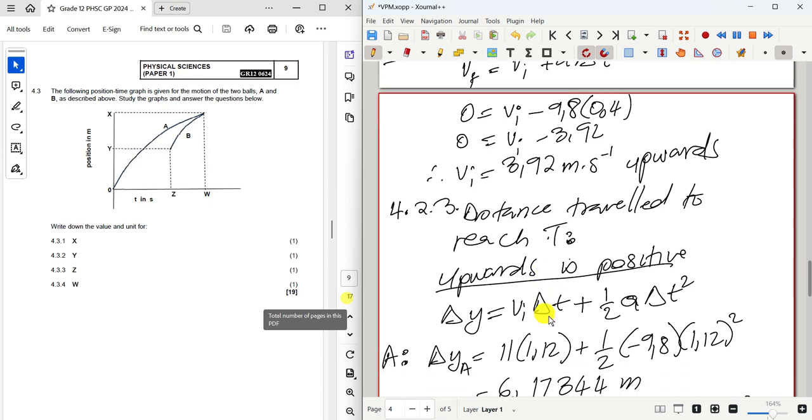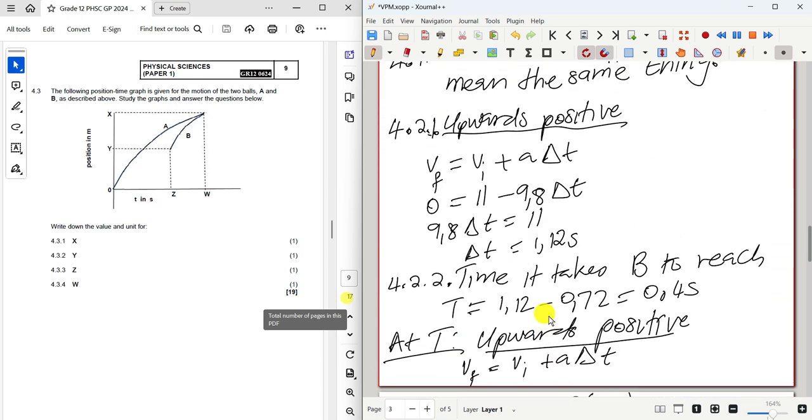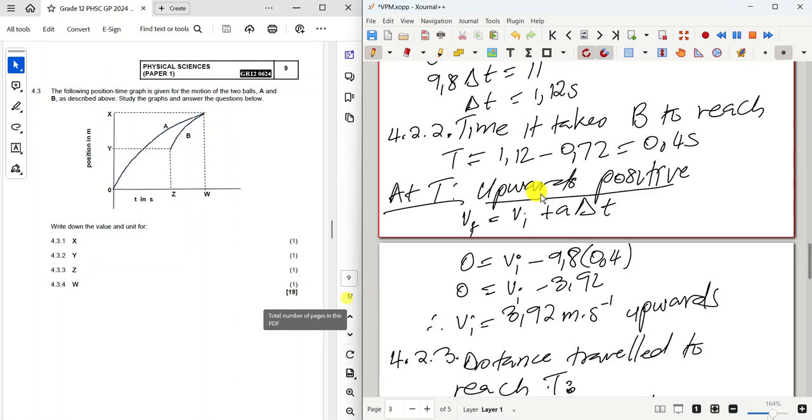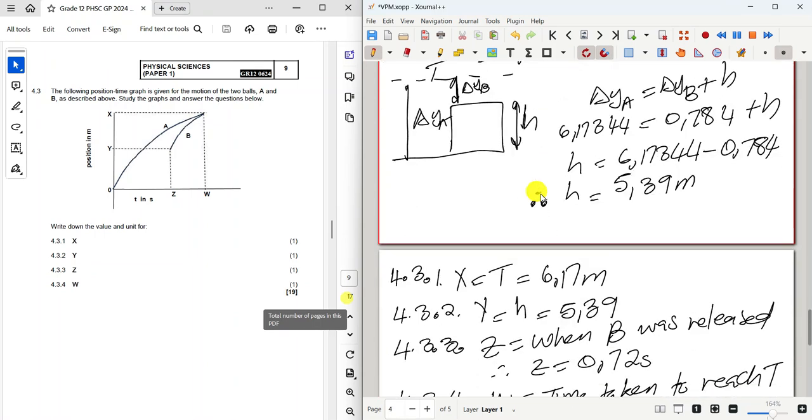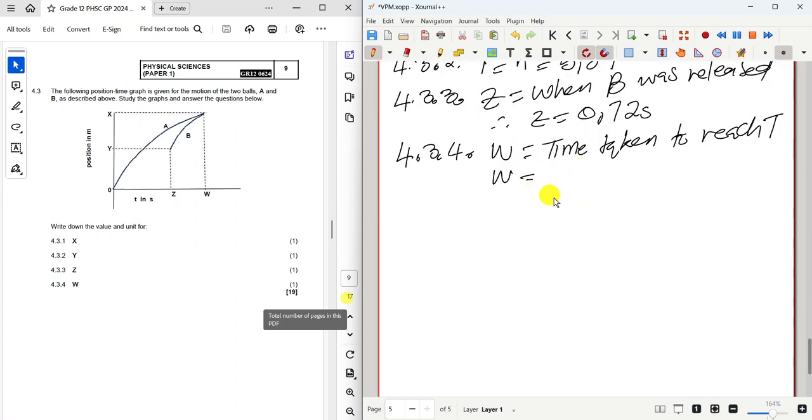Let me confirm. 1.12 seconds. Indeed, it was 1.12 seconds. So this is how you solve your vertical projectile motion questions.